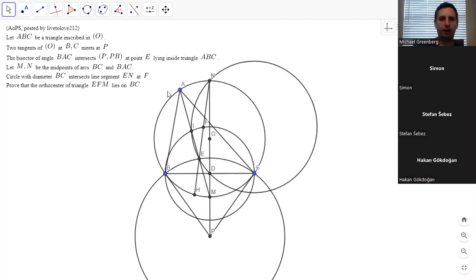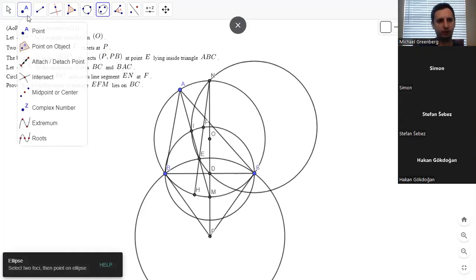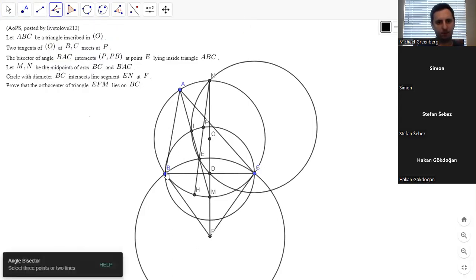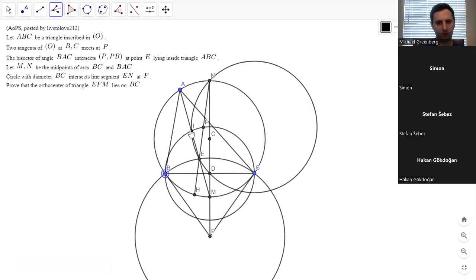I mean, we could let AN intersect BC because then we get like a harmonic conjugation. I wonder what the angle bisector of BIC is. Oh, you know what?